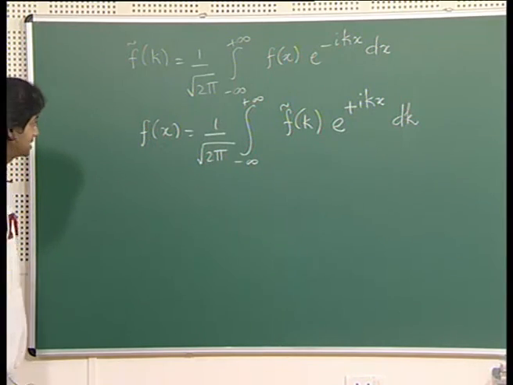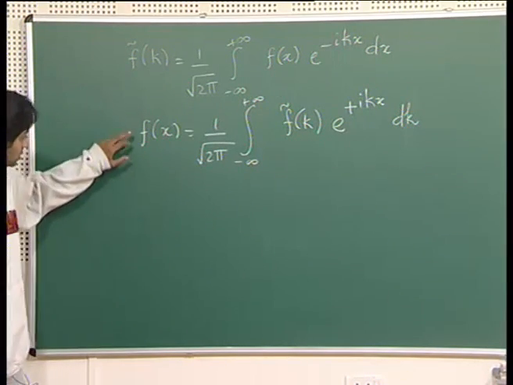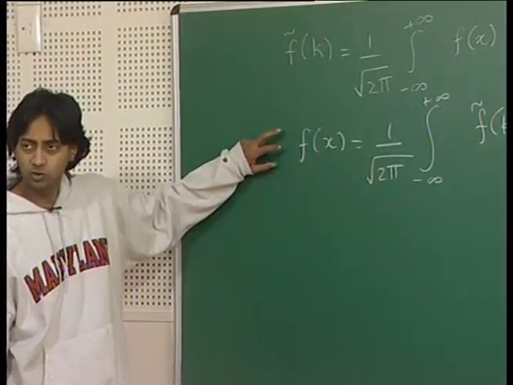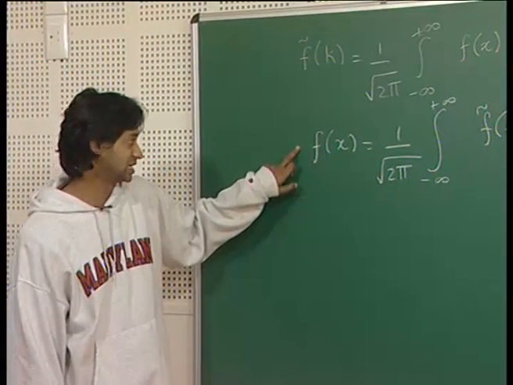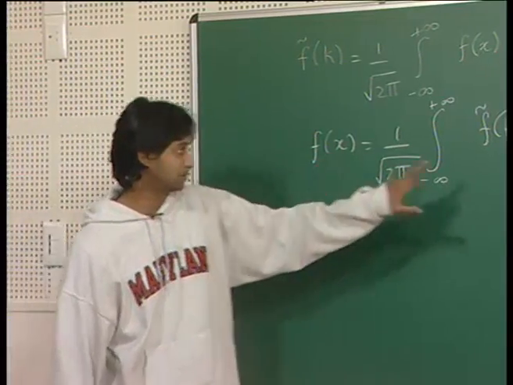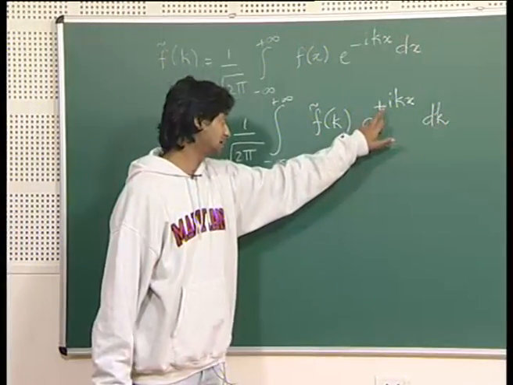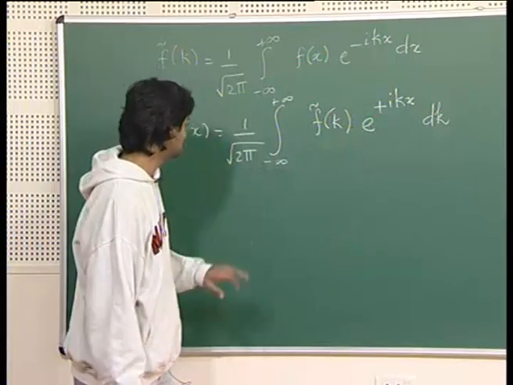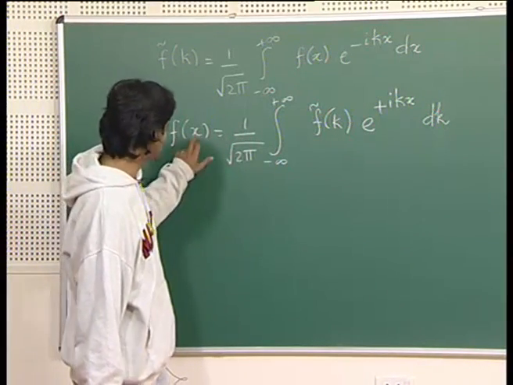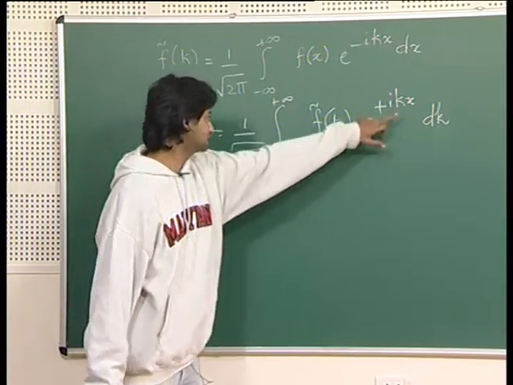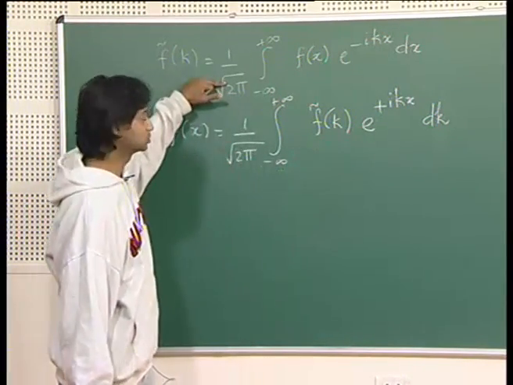Before that, I want to mention a couple of things. One is that if you look at different books, they might use different definitions of Fourier transforms. Some books might use a plus sign here, or a minus sign instead of a plus. Some books will not have the factor of 1 over root 2 pi, so they will have just this term, and then they will take the 1 over 2 pi here.